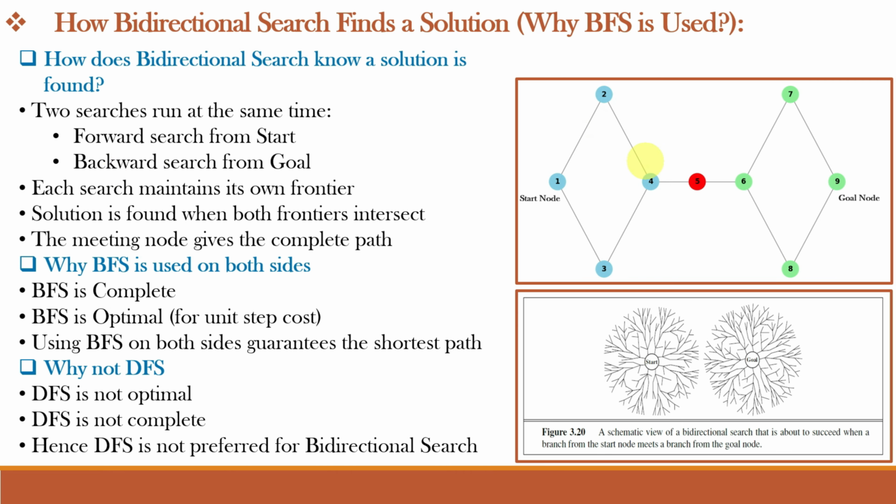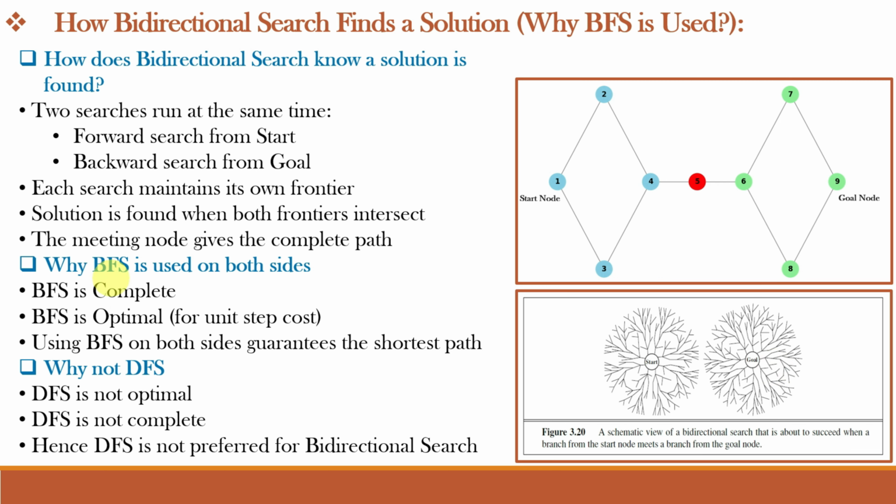Both the searches move level by level and keep a list of their own frontier nodes. At every step, we check one important thing. Have both searches reached the same node? The moment a node appears in both, we say the solution is found. That node is the meeting point, and by joining both the paths, we get the full path from the start to the goal.